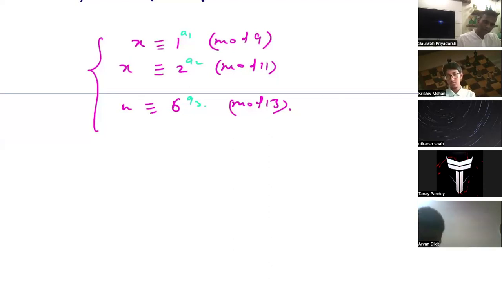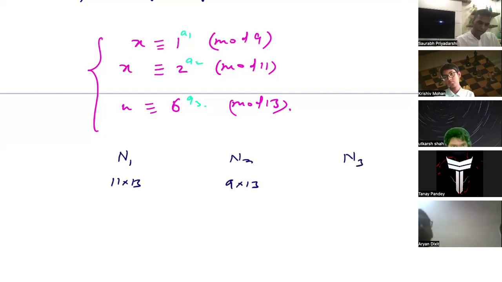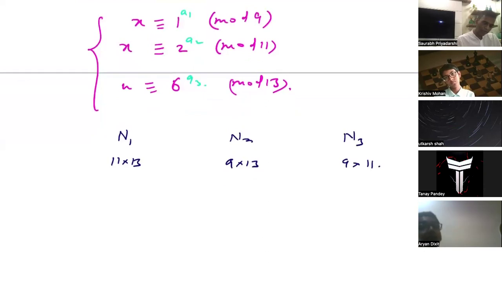N1 is 11 into 13, N2 is 9 into 13, N3 is 9 into 11. Accordingly, I have to find the inverse of N1 mod 9, N2 mod 11, and N3 mod 13.